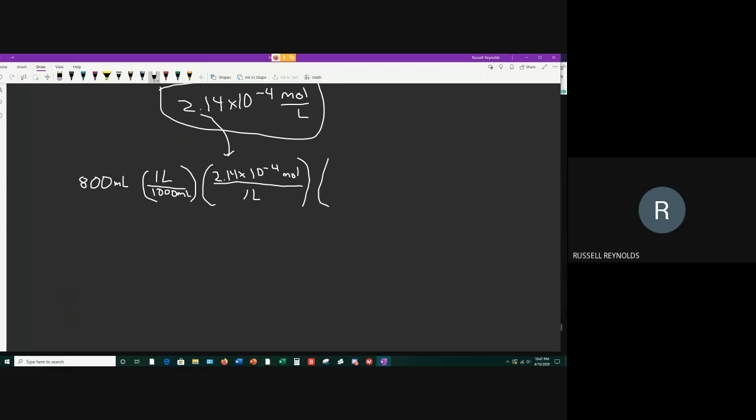And then for the last part of the stoichiometry, you'll do the molar mass. Because I didn't put this in the question, I just realized, but we want to know how many grams can dissolve in 800 milliliters. So you'll want to convert this amount into grams. So the molar mass of calcium fluoride is 78.07 grams per mole.